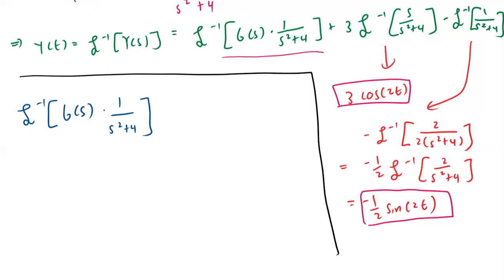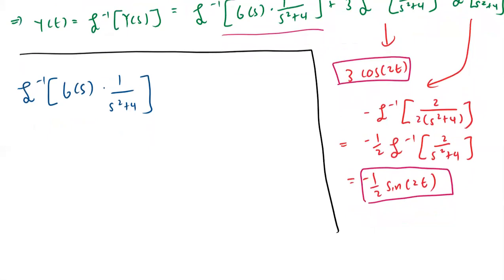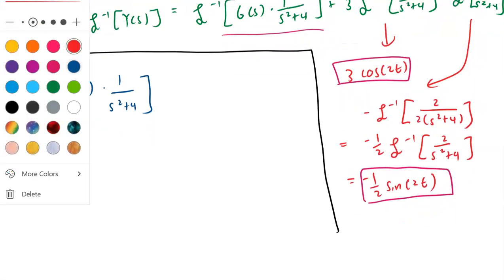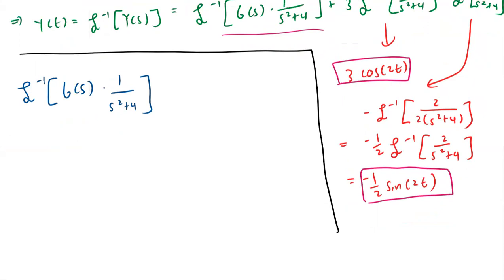Now, we already did part of the work here. Well, first of all, notice this is a product of functions of s. So potentially we can write this as a convolution of functions. We just have to decide what they are. Well, G of s, we know what function is mapped to it. By definition, G of s is the Laplace transform of little g of t. So we know that the Laplace transform of g of t equals G of s. And here we already did the work, right?